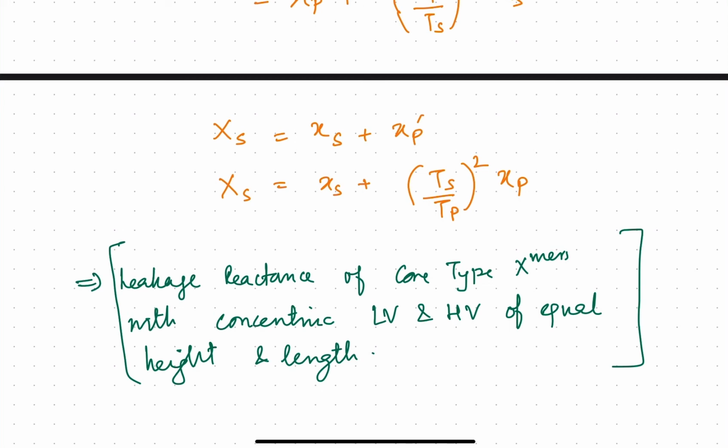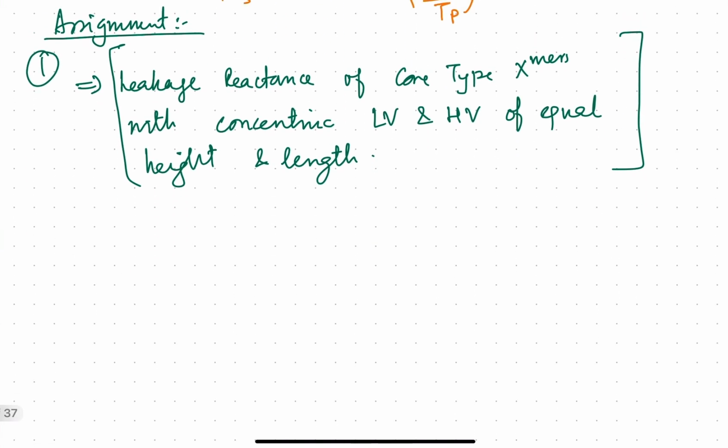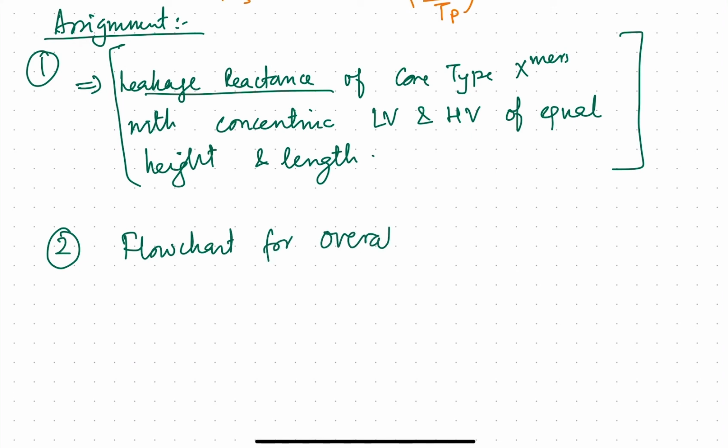Fine. And after this, this is the assignment. You don't need to submit this assignment, but just go through these two things. One is the assignment, you have to see the calculation for the leakage reactance, and number two, you have to see the flow chart for overall design of the transformer.